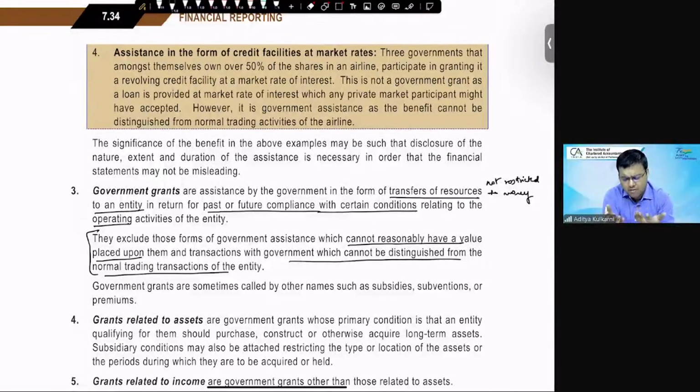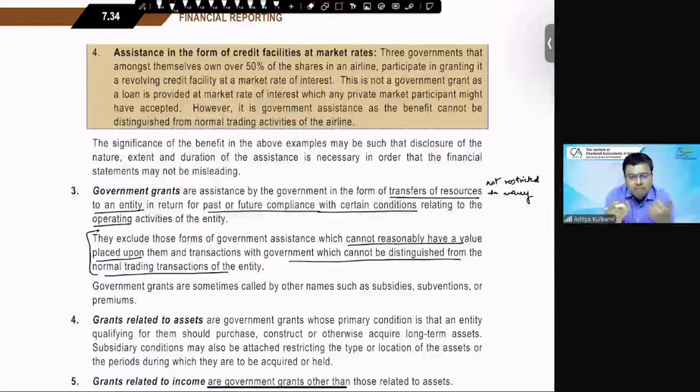For example, let us suppose you are in the oil and natural gas business, and you are in a location which is backward, and the government comes with an assistance by setting up a pipeline for transfer of oil and natural gas from your factory area to the regions where the oil and natural gas can be delivered.